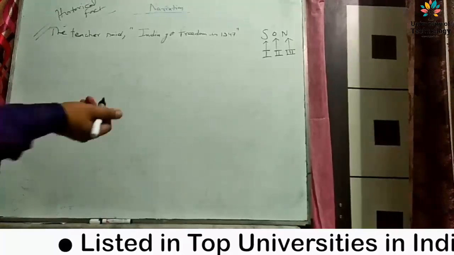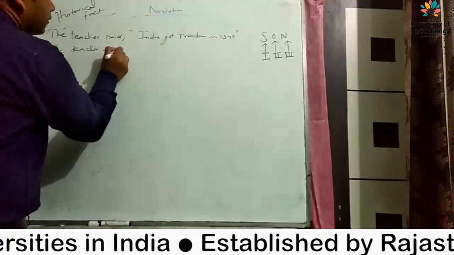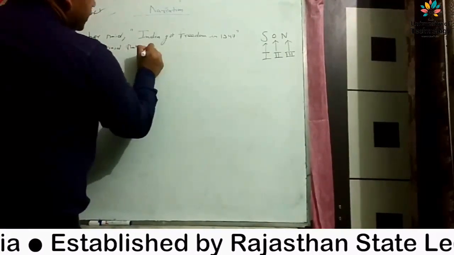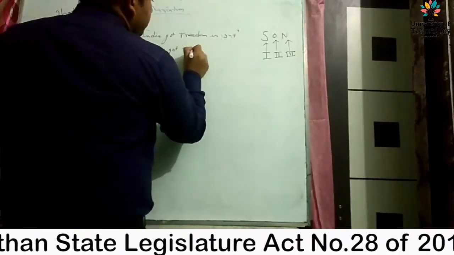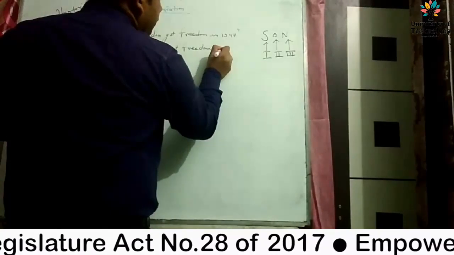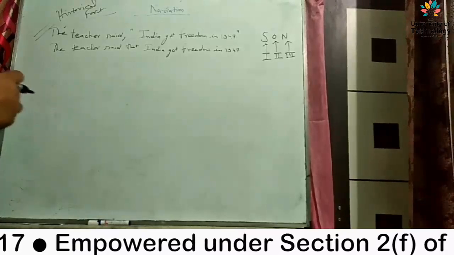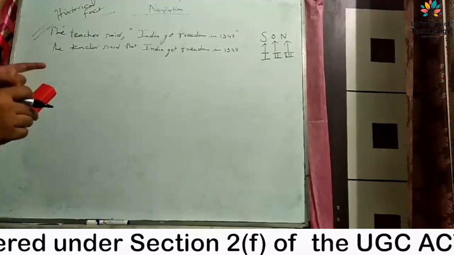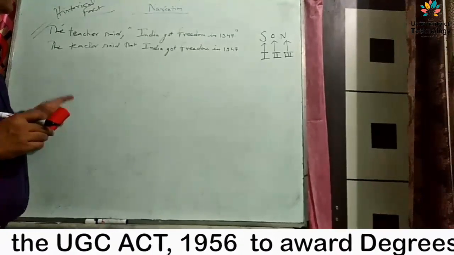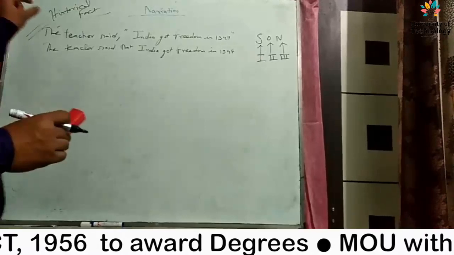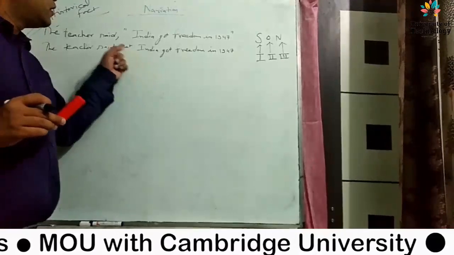So the teacher said that India got freedom in 1947. So universal truth, customary action, historical fact, idioms and proverbs: whether the reporting speech is in past tense, the tense of the reported speech will not be changed.